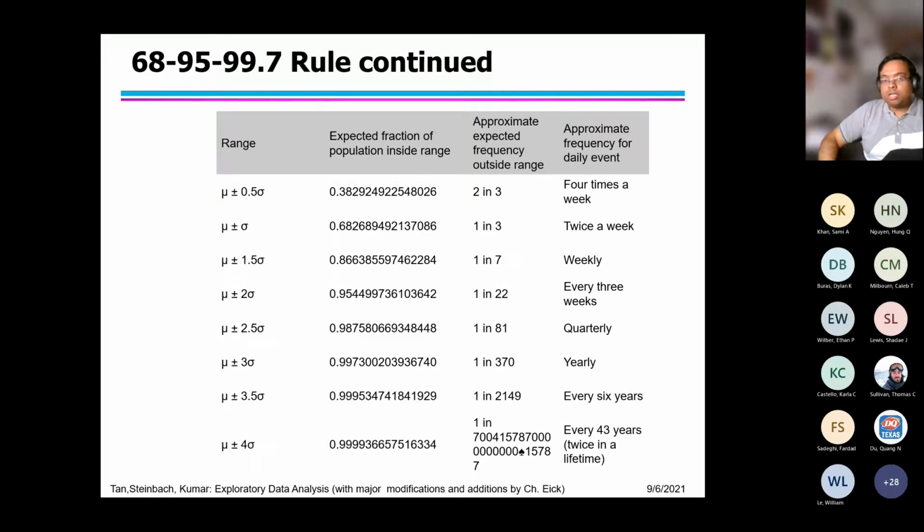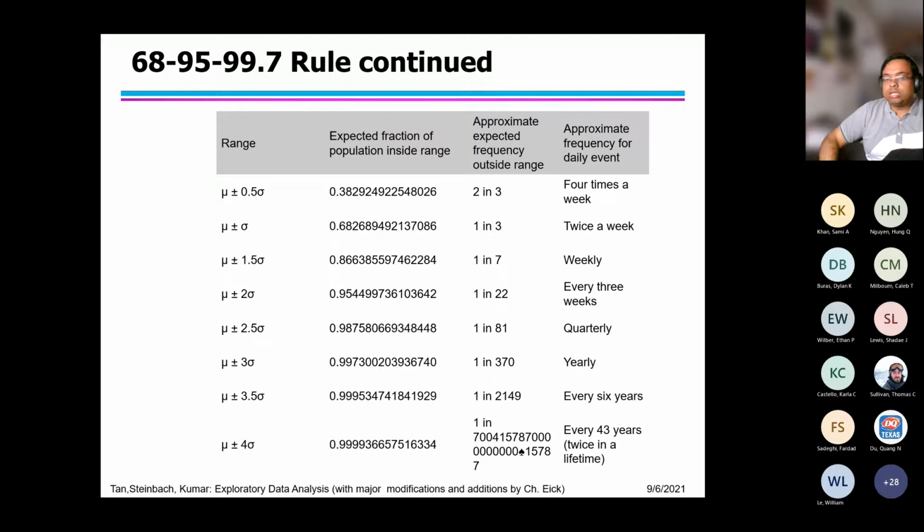If something is within one standard deviation, which means roughly 67%, then roughly 2 out of 3 times you sample, something is going to fall within that range. Or in other words, 1 out of 3 times it is going to fall outside of that range.